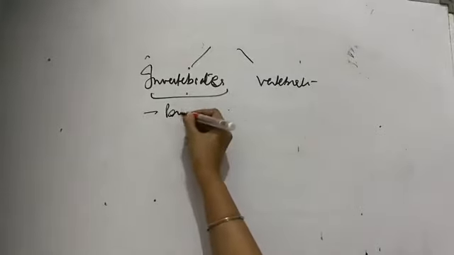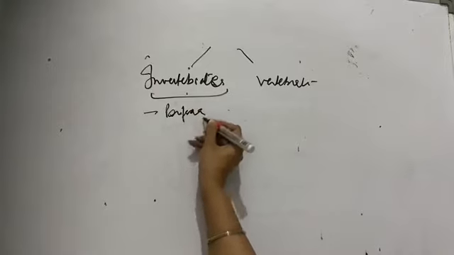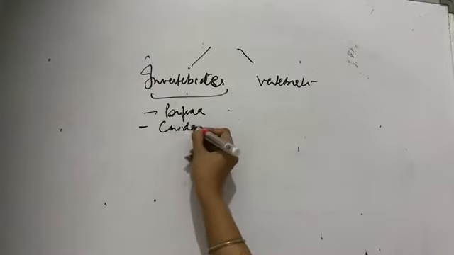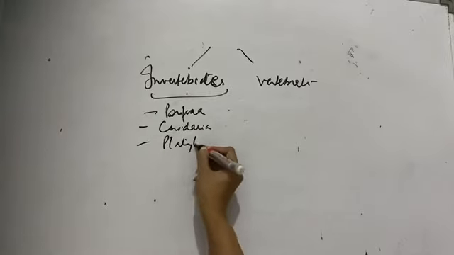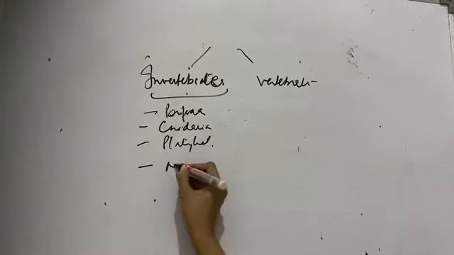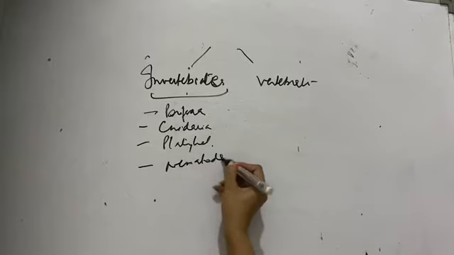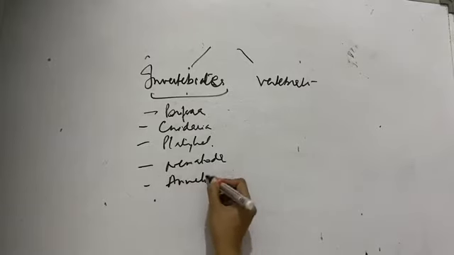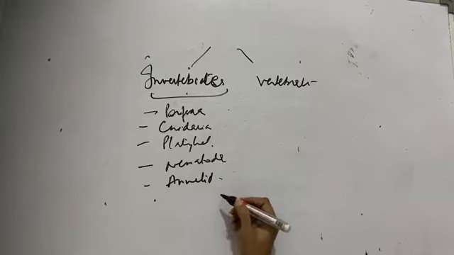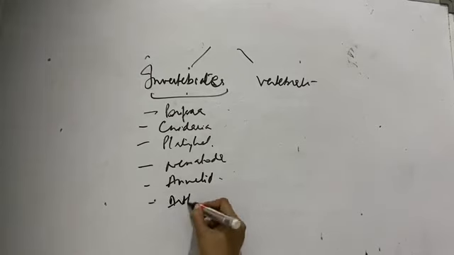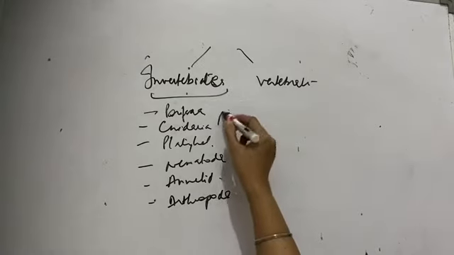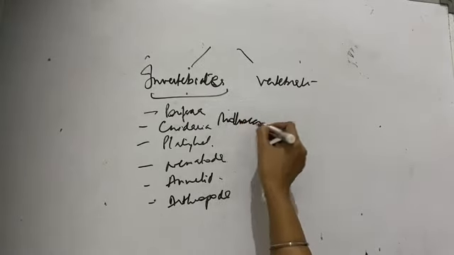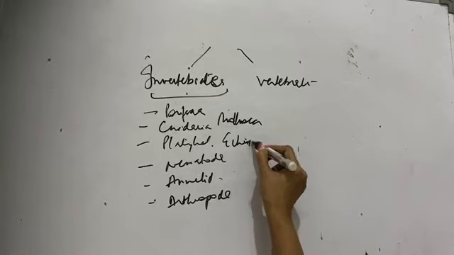Talking about phylum Porifera, then talking about Cnidaria, then we said that 3 worms are there, platyhelminths, then nematoda, then annelids, right, annelida, then arthropoda, then we talked about mollusca, then echinodermata.